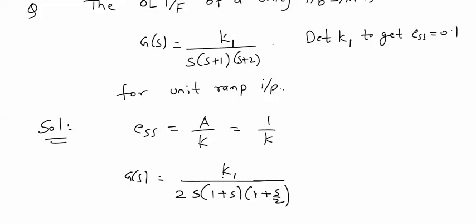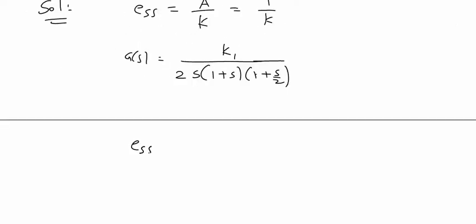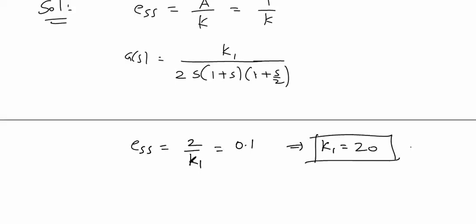So here the system gain K is K1 by 2. If I substitute here, I'll get ESS is equal to 2 by K1, and it should be equal to 0.1. So what should be the value of K1? From here we will get K1 is equal to 20. So when K1 equal to 20, we will get the steady state error as 0.1.